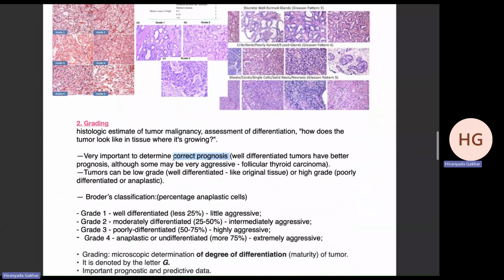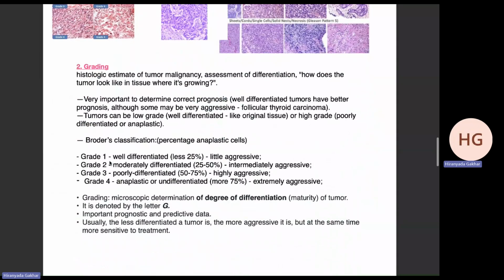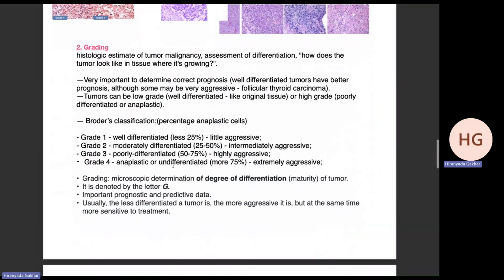Again, grading is to determine the correct prognosis and how aggressive the tumor will be. This grade 1, grade 2, grade 3, grade 4 is basically the Broders classification, and it gives the percentage of anaplastic cells within the tumor.